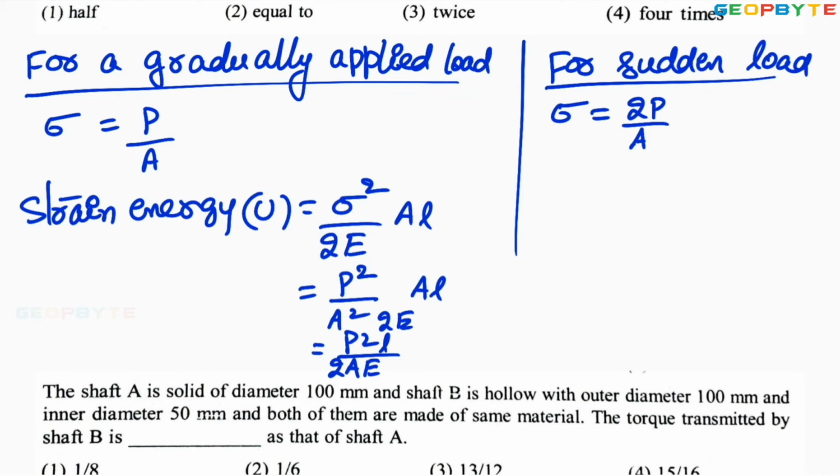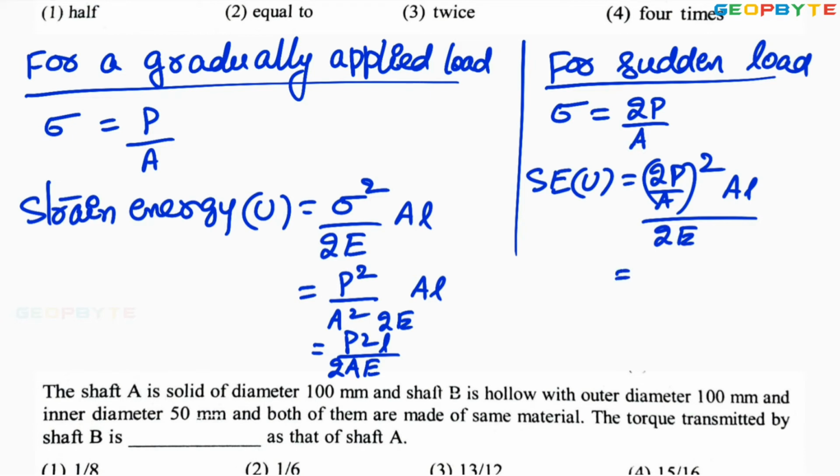Come to the second case, suddenly applied load. Strain energy U equal to sigma square into AL by 2E, where sigma is 2P by A. Simplify this value: 4 into P square by A square AL by 2E. So it is equal to 4 times the P square L by 2AE.